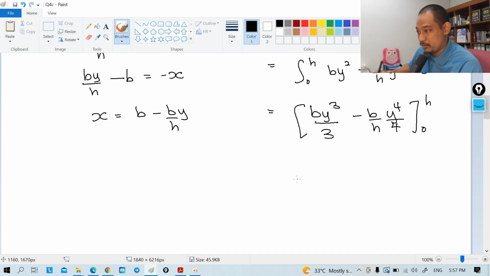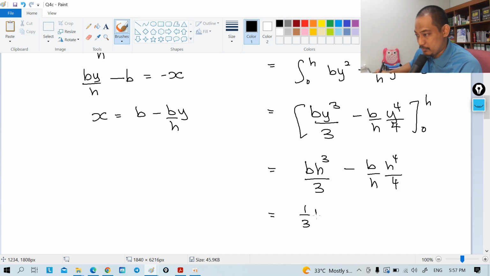So if you plug in h into y, you get b h cubed over 3 minus b over h h to the power 4 over 4. So if you simplify this, we get 1 over 3 b h cubed minus 1 over 4 b h cubed.